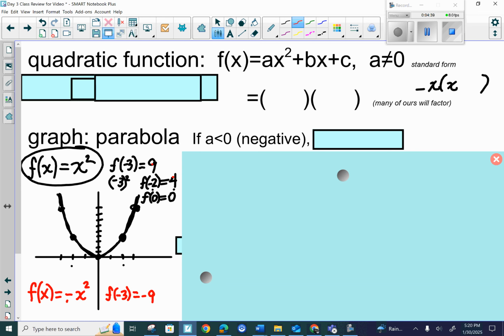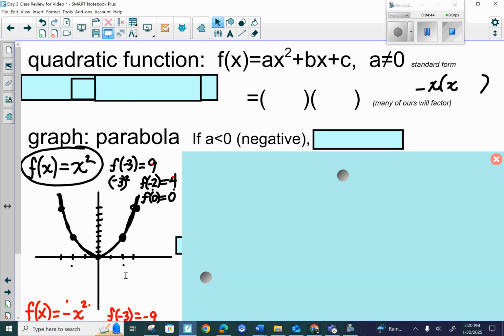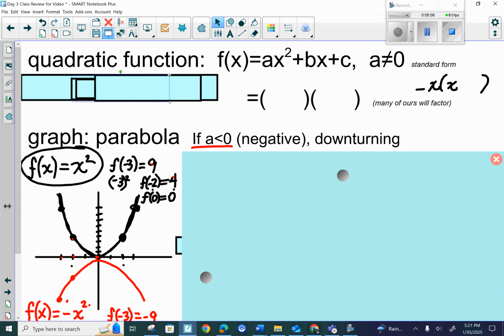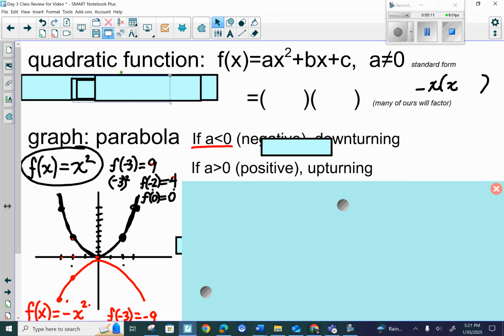So this point up here, I've got to move this down now. This point up here, -3, would be coming down right here. And -2, 4 would then become -2, -4. So we get this inverted parabola if a was negative, or less than 0. So the parabola is a downturning parabola. If a is positive, clearly it's going to be upturning. But this is why.